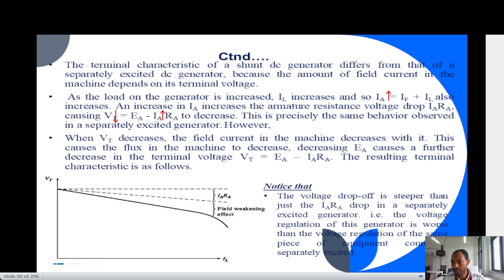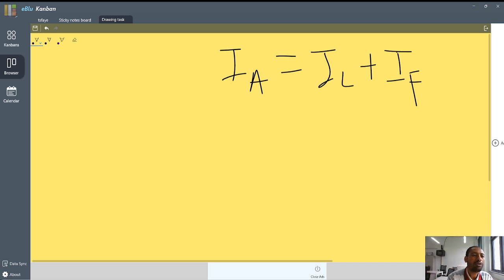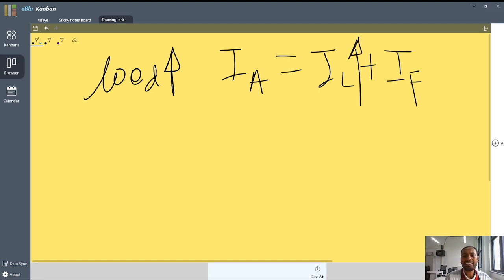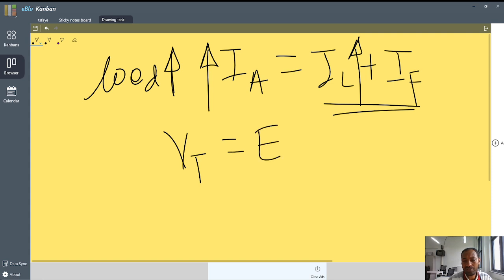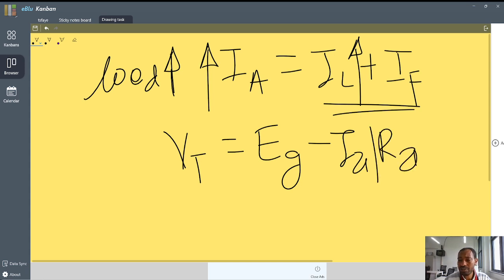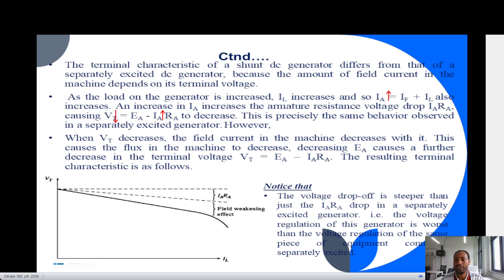So if the load increases, IL increases, and obviously the armature current will increase because it is the summation of IL plus IF. If IA increased, from the equation VT equals EG minus IARA, obviously VT will come down. It will decrease the terminal voltage.